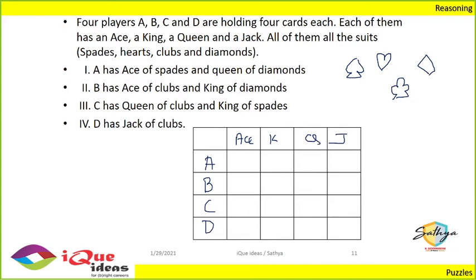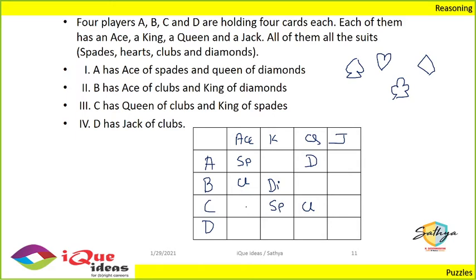So A has ace of spades and queen of diamonds. B has ace of clubs and king of diamonds. C has queen of clubs and king of spades.